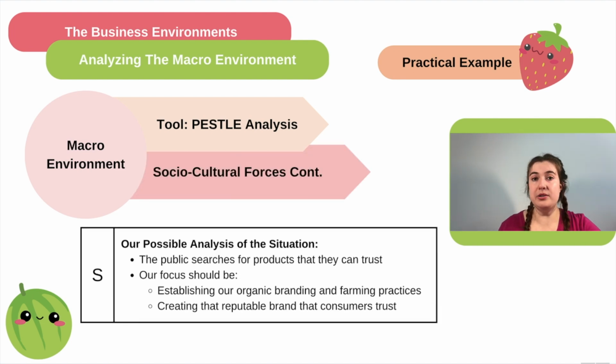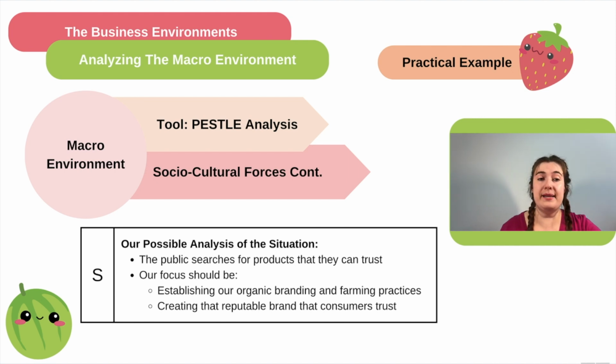Well, the public is looking for things and products and businesses that they can trust. That is a very big issue right now, especially with things being recalled all the time, or with people finding out that a business is actually not ethically doing what it was supposed to do. So we're really looking at a public that's focused on building trust with that company and actually knowing that they can trust that brand and that it actually is doing and saying what it is doing.